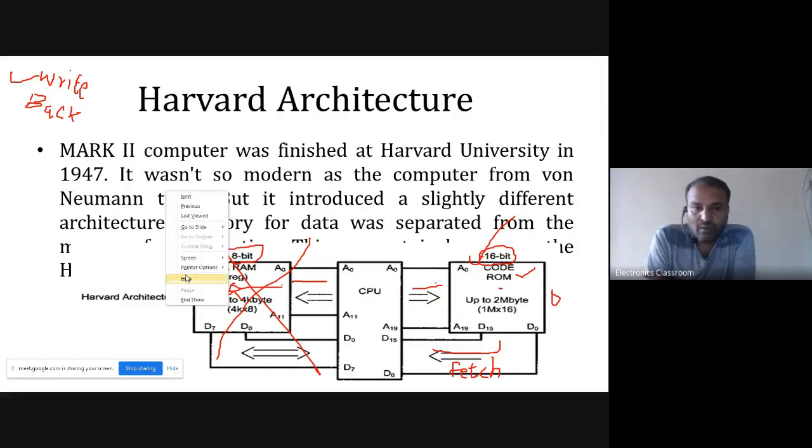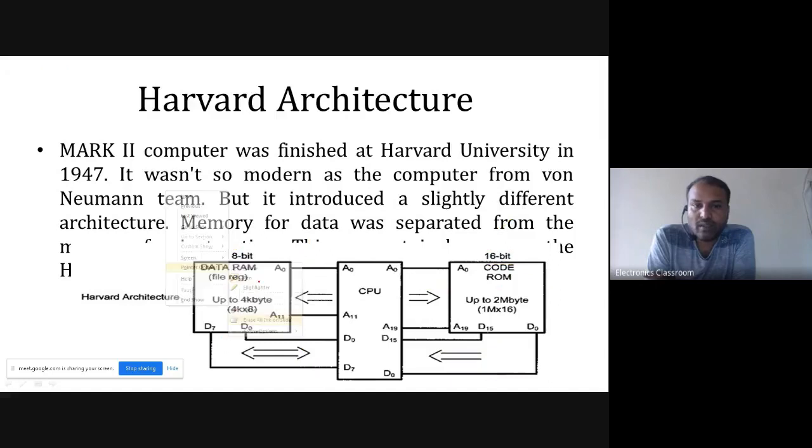But in Harvard architecture, since we have two different memories, the memory sizes or cell sizes can be different as per our requirement. The different cell size is not itself the advantage. The advantage is that as per our requirement, we can choose our cell sizes.